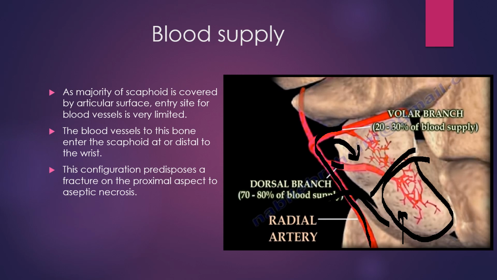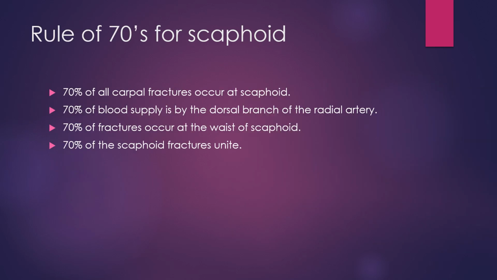So this part undergoes avascular necrosis. So scaphoid bone is one of the bones in the body which is very likely to get avascular necrosis. Other bones are neck of femur, talus, and scaphoid is one of them.